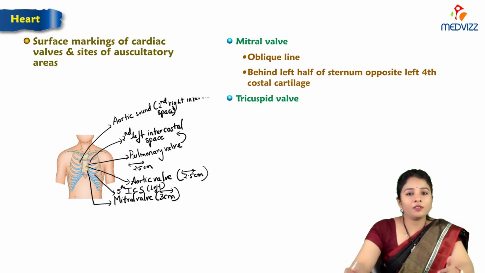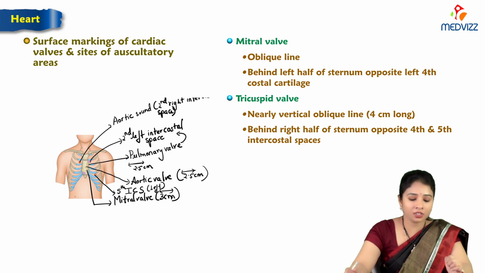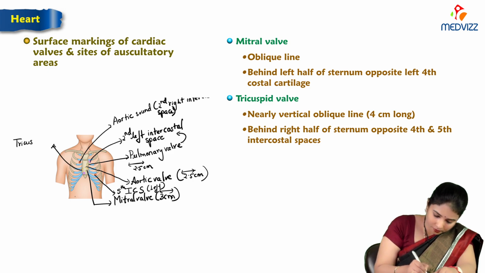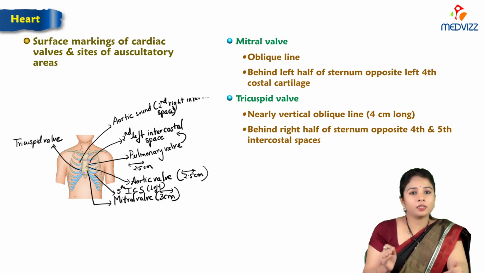Tricuspid valve. The tricuspid valve is a nearly vertical line, 4 centimeters long, present behind the right half of the sternum, opposite the 4th and 5th intercostal spaces. The site for auscultation is the right half of the lower body of the sternum.